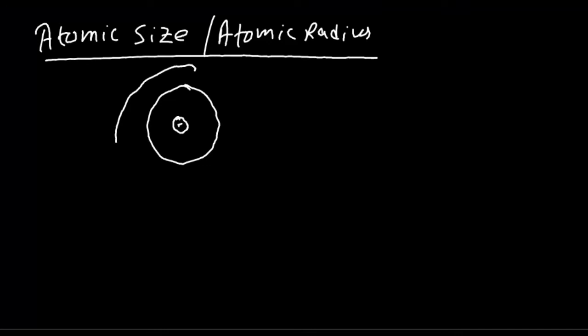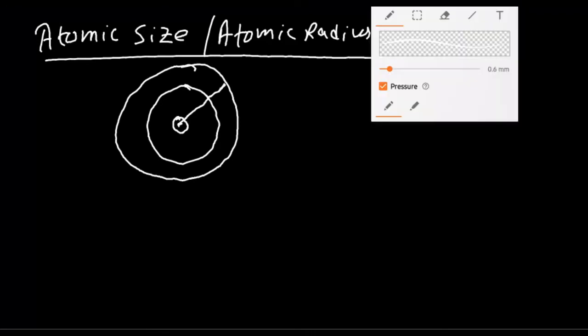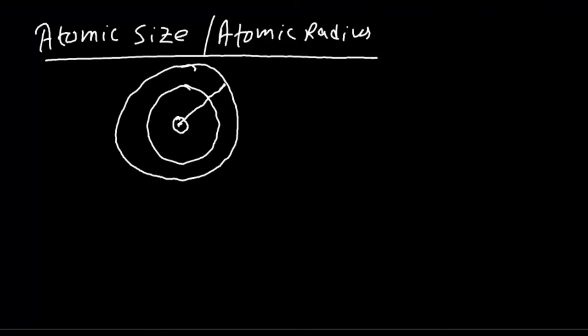Suppose this is the outermost shell. So the distance from the center to the outermost shell of an atom will be defined as the atomic radius.